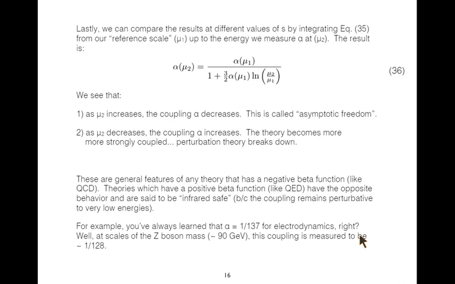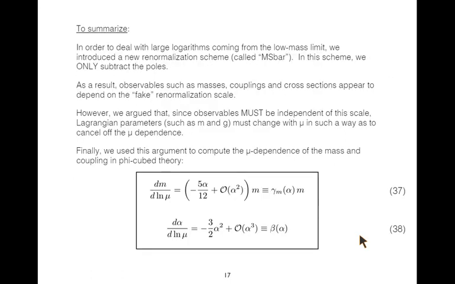As we increase the energy, the coupling gets larger, and as we decrease the energy, the coupling gets smaller. The thing to remember is that the dependence isn't as strong; it's not as sloped or severe as QCD is.